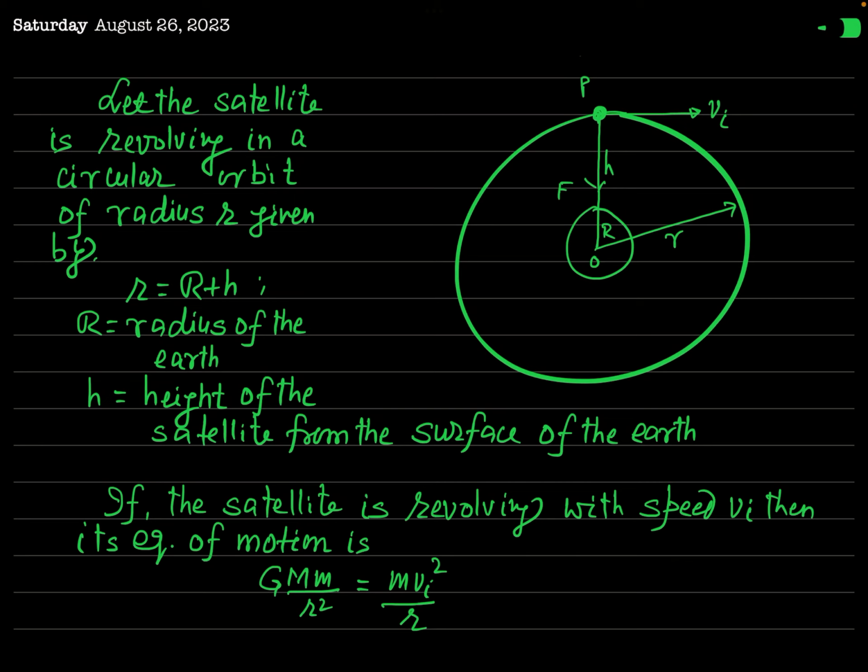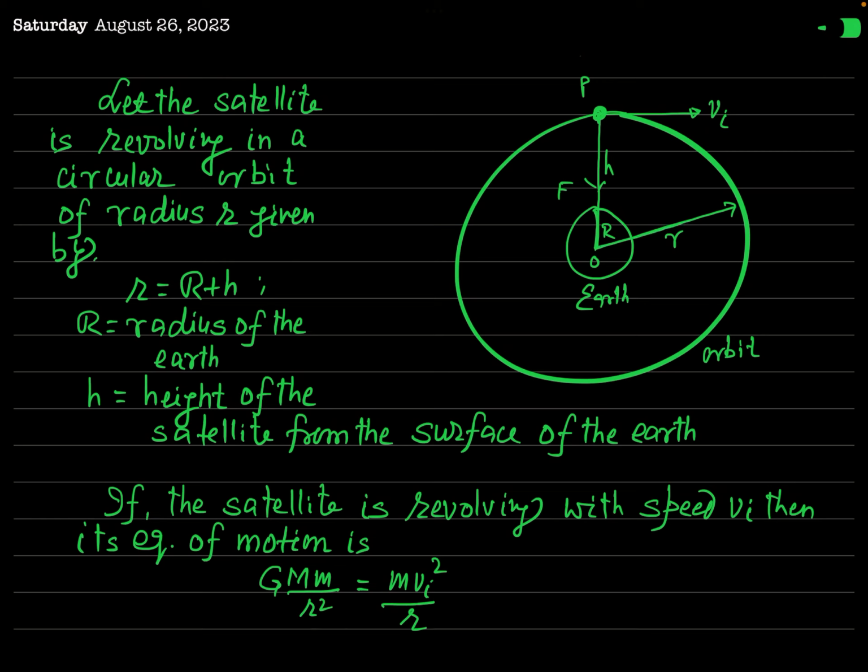So let us now consider, this is your earth. This small sphere shown in this figure represents the earth. Okay. And this capital R represents the radius of the earth. O is the center of the earth. Okay. And this bigger circle is actually the orbit of your geostationary satellite.